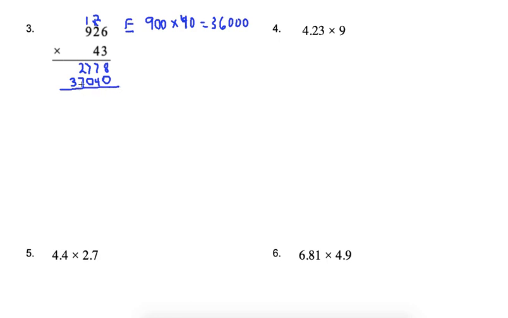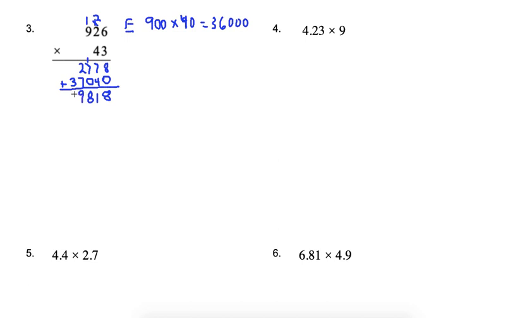Okay, and then we just add those together. So we end up with 8. 4 plus 7, that is 11. Carry that 1. 7 plus 1 is 8. 7 plus 2 is 9.